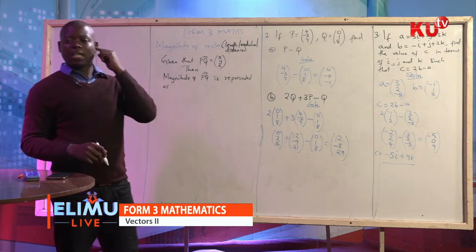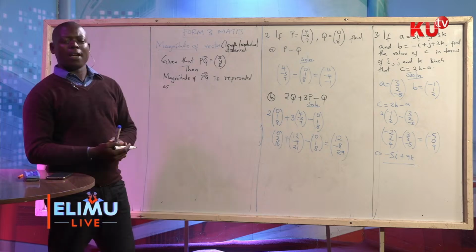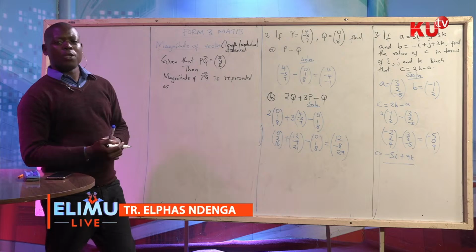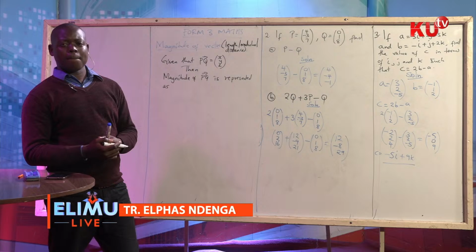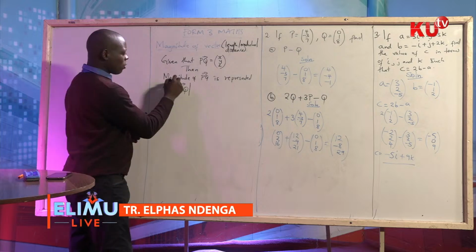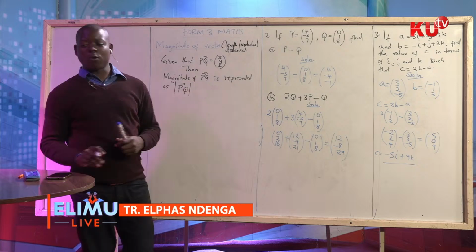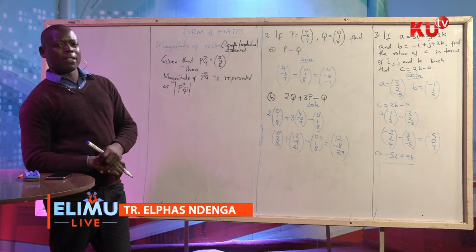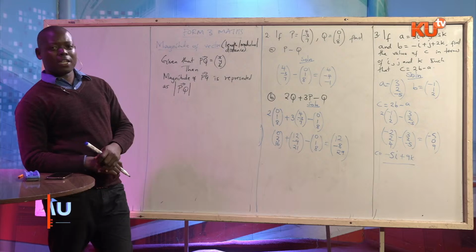Because we may find a question where the magnitude is not mentioned, but rather we use a representation. So we represent it with two vertical lines enclosing the vector. That gives us the magnitude of the vector.